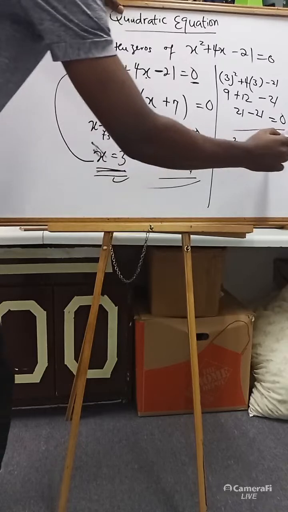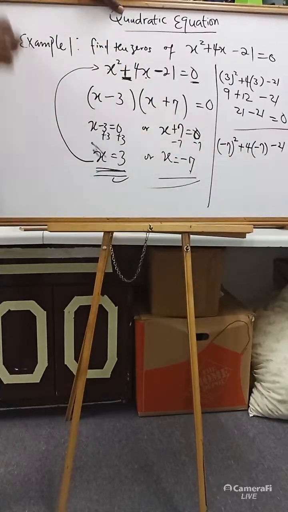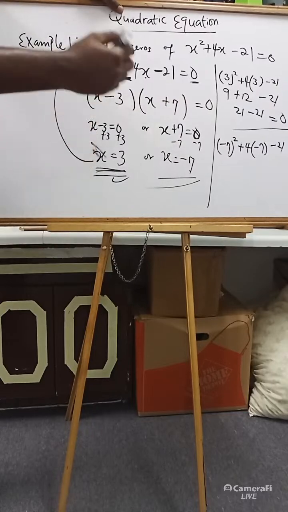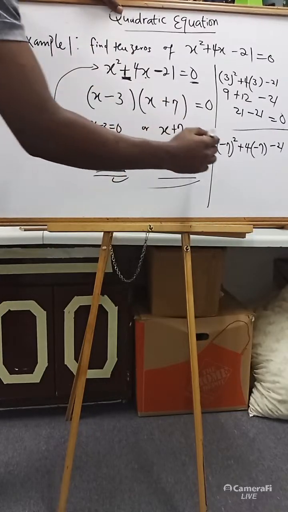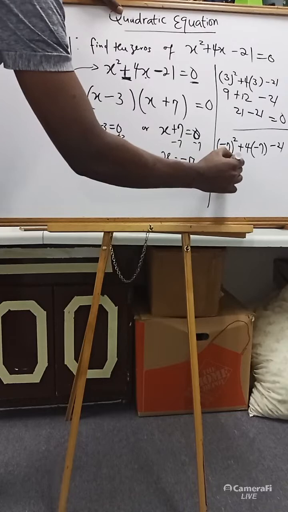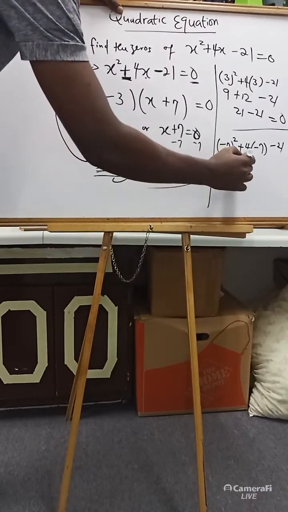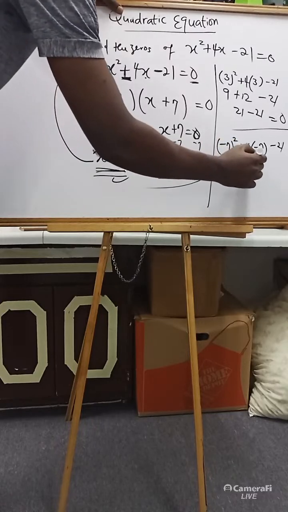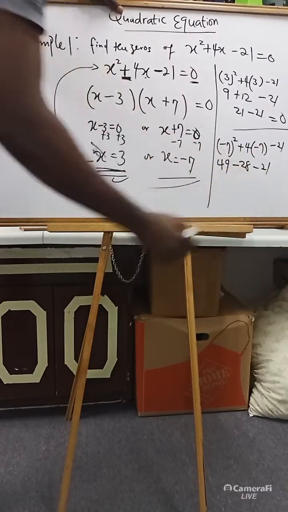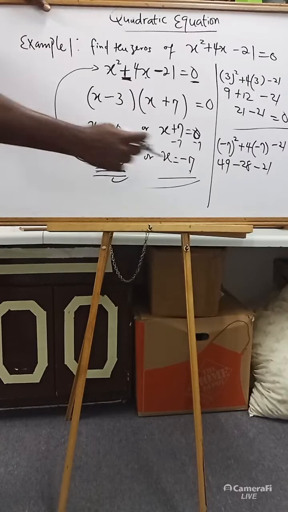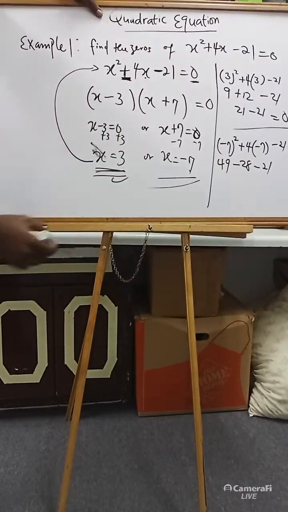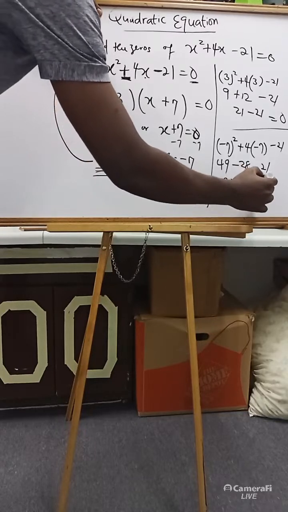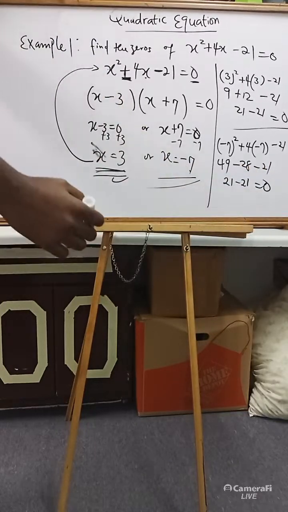Let's see if this is going to give us 0. Negative 7 raised to power 2 means negative 7 multiplied by negative 7, which gives 49, plus 4 multiplied by negative 7, which gives negative 28, minus 21. 49 minus 28 gives what? 21 minus 21, which is equal to 0.